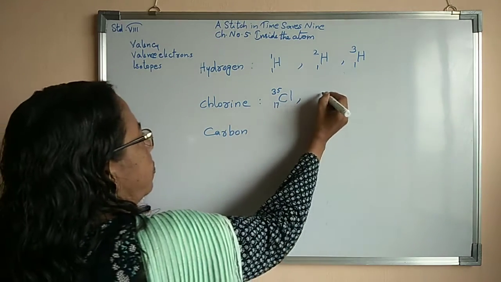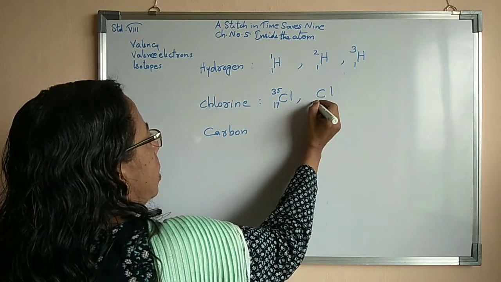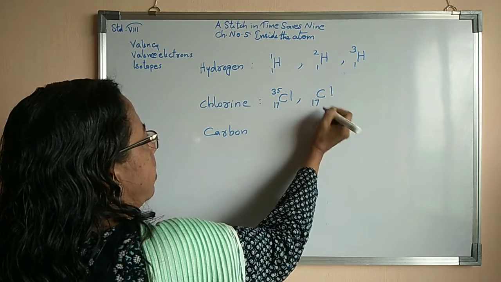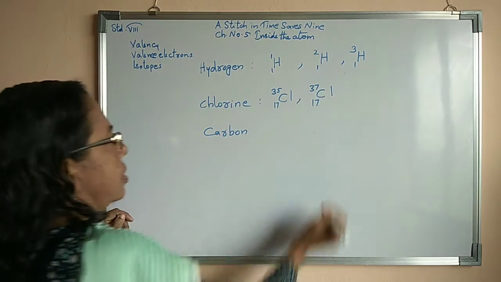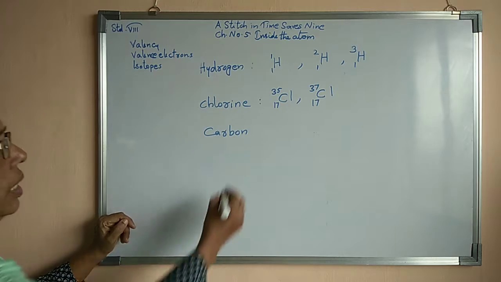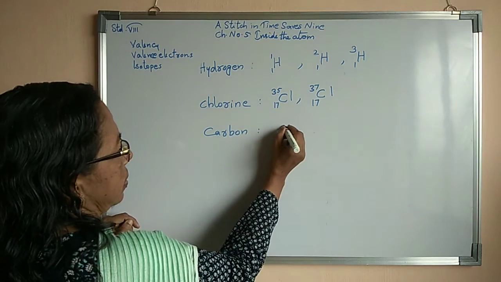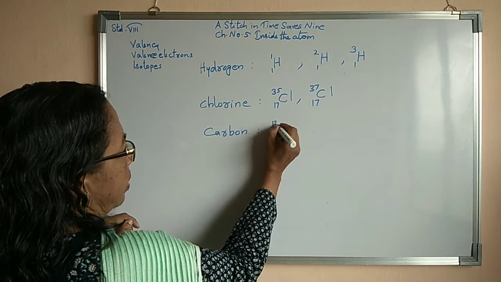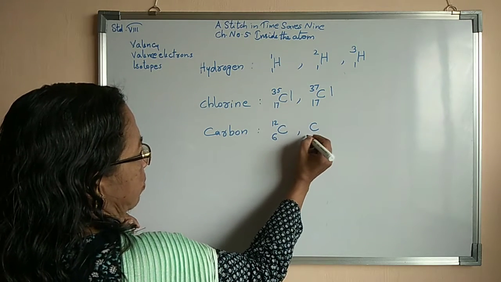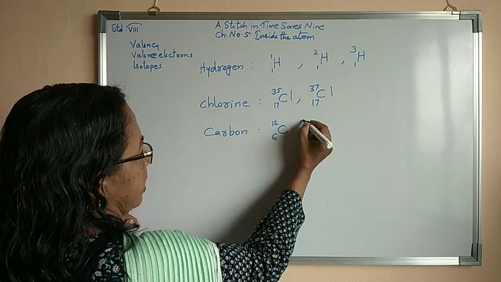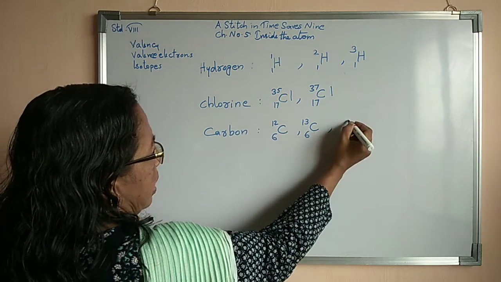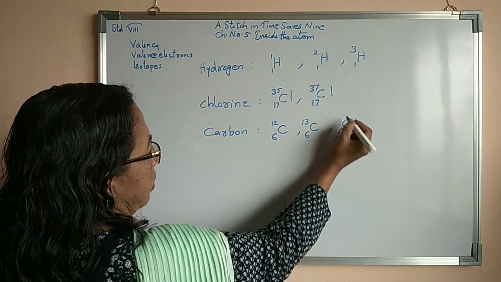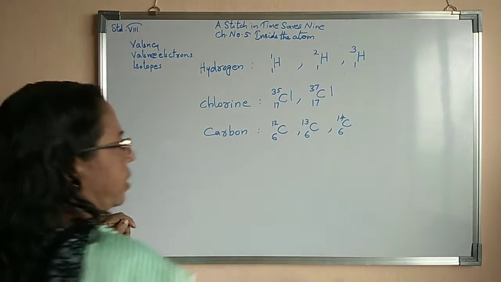Another chlorine has atomic number 17, mass number 37. In case of carbon, atomic number is 6, mass number 12. Another carbon atom has atomic number 6, mass number 13. Another carbon atom has atomic number 6, mass number 14.